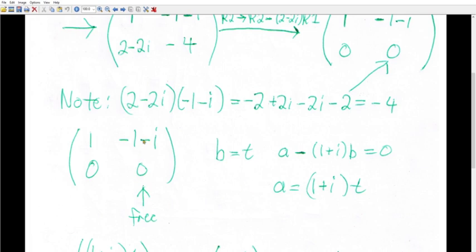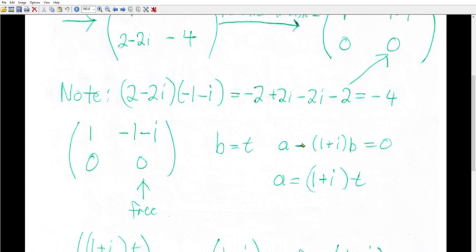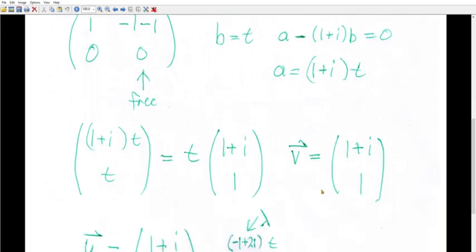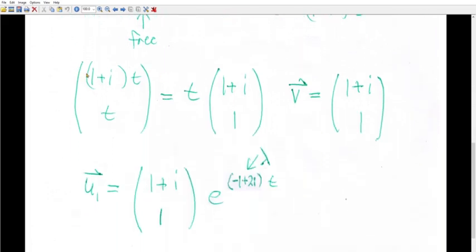You can see that the b column is free, which means b is t, a free parameter. a minus (1 plus i) b is 0. And when you put this on the right-hand side and realize that b is equal to t, you get that a is (1 plus i)t. And we end up now with our eigenvector (1 plus i)t, t.